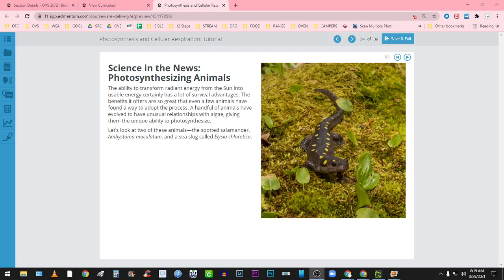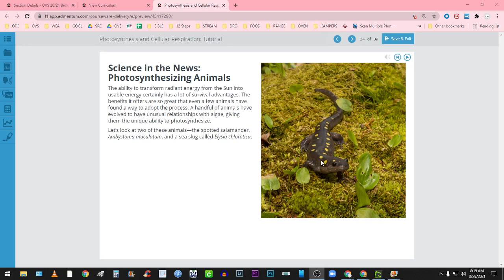So here's something weird. I told you that only plants and other things like seaweed and algae and stuff go through photosynthesis. Well, guess what? There's always an exception. Believe it or not, there are 2 organisms, 2 animals that we have discovered that actually go through photosynthesis. This little guy right here, I forget what it's called. Does it say it's a spotted salamander, Ambystoma maculatum?